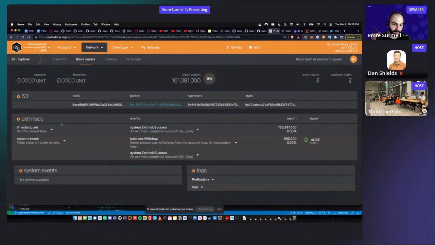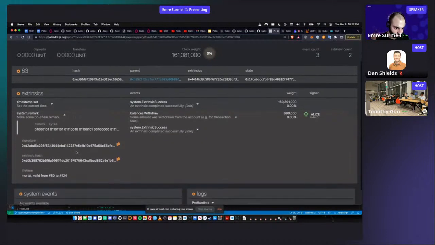Every pallet is going to have some sort of exposed functionality. So system is a pallet, remark is a function on that pallet. So I'm calling system.remark, and the way that the chain stores that information is in the block's extrinsics part. So all the extrinsics that got called for a given block are listed, and I can see the bytes that I've created.